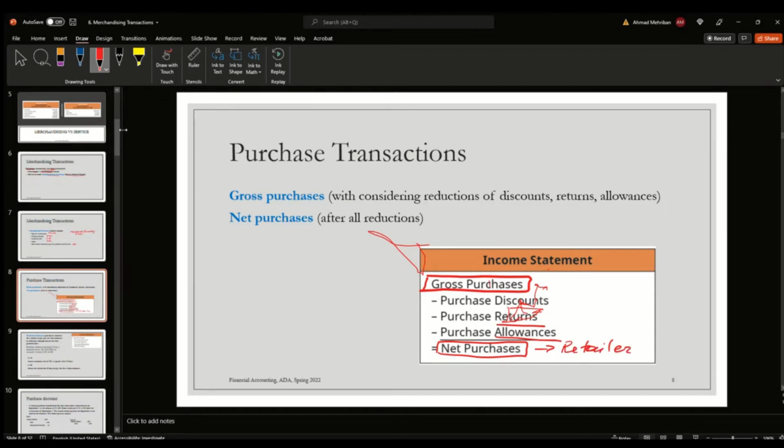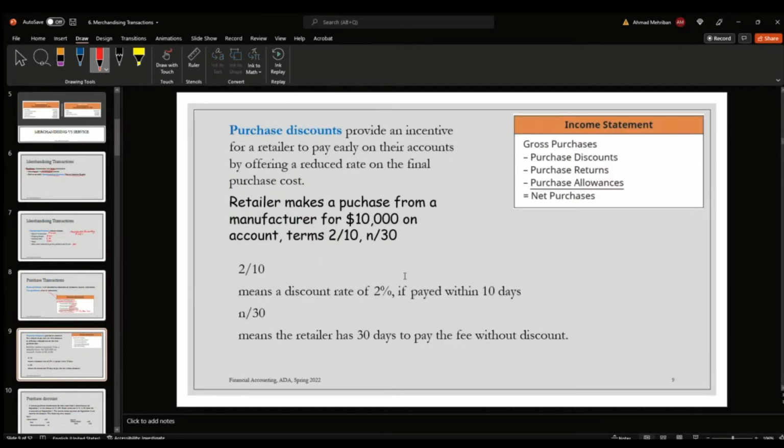Okay. Next, let's look at specific examples of the purchase discount. What we need to remember here is this specific term, which is very important, and you need to remember how to read this one. So the 2 is the percentage, this is days, this is the total price, and this is again the days.